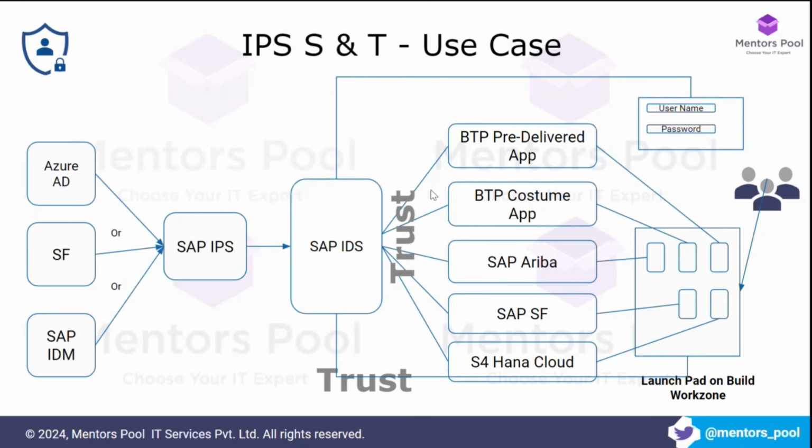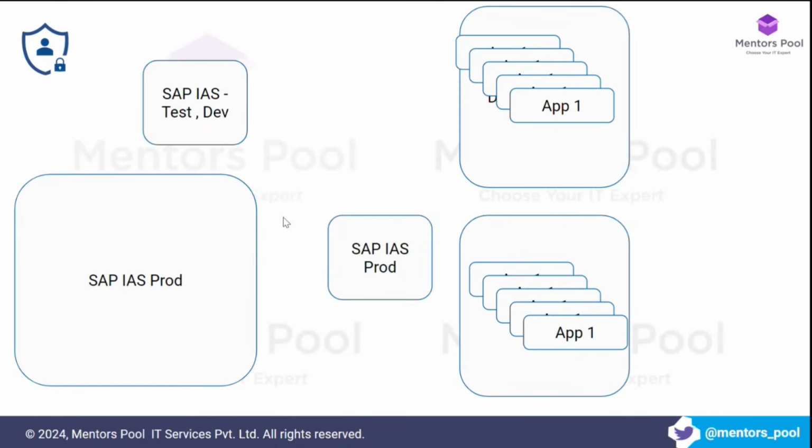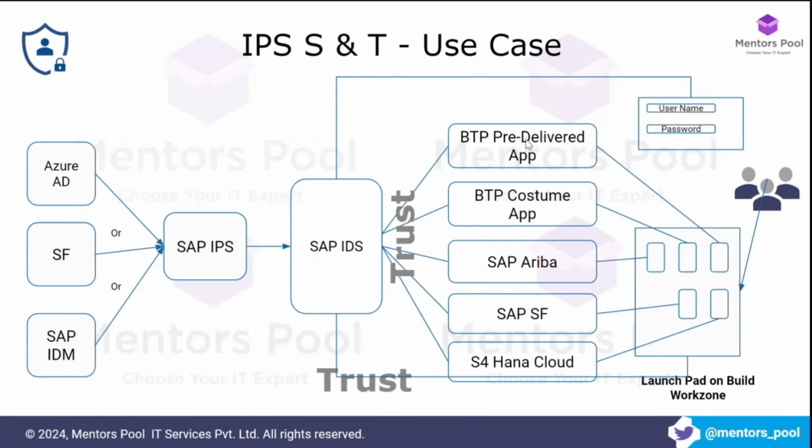Here you have to give access to the Launchpad portal. In the Launchpad portal, he saw there is an IAG tile. He clicked on the IAG tile. In IAG he sees the access request tile. He clicked on access request, selected the target system, whatever he needs access to, and IAG created the user.